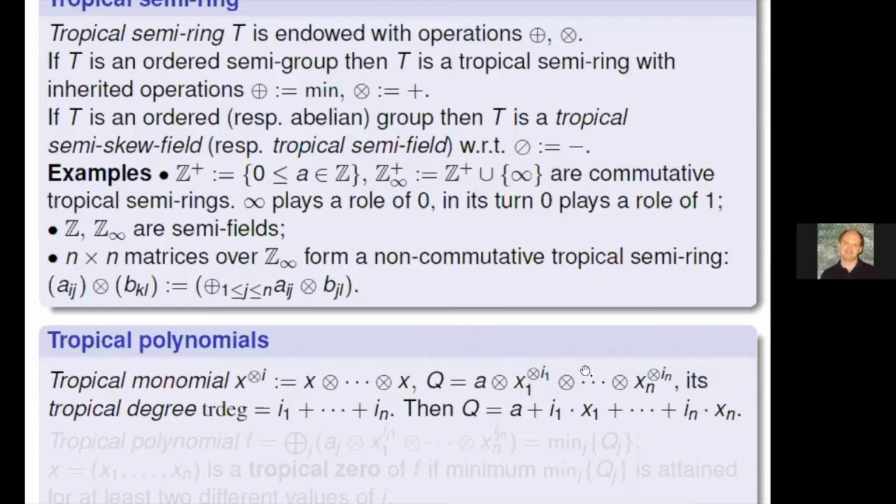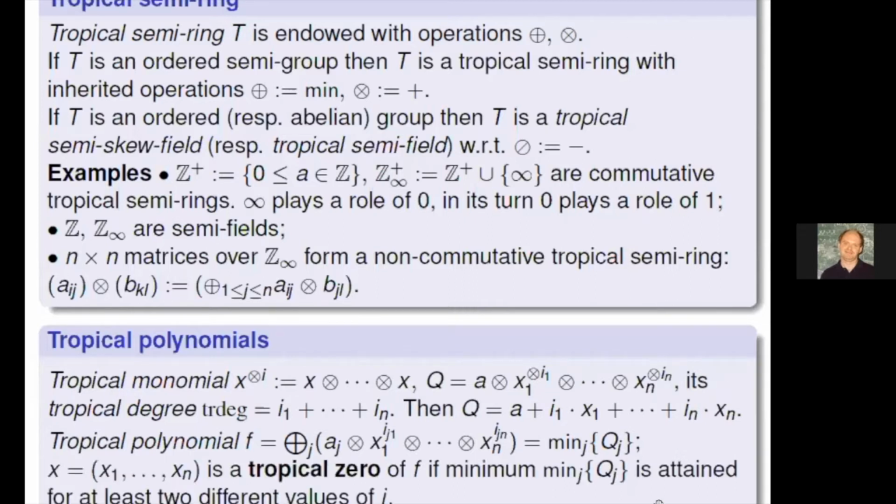Okay, then next, a tropical polynomial is... excuse me, can somebody tell me how I can delete the menu bar which prevents me from seeing the last few lines? Do you have any idea?